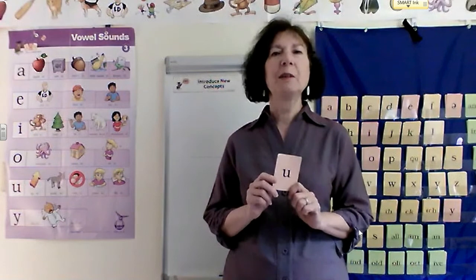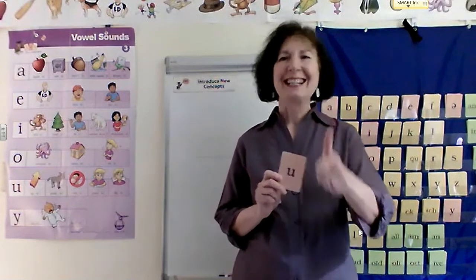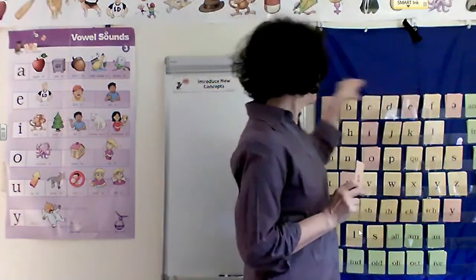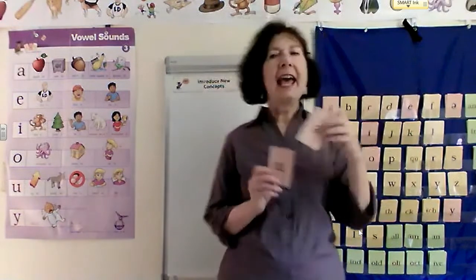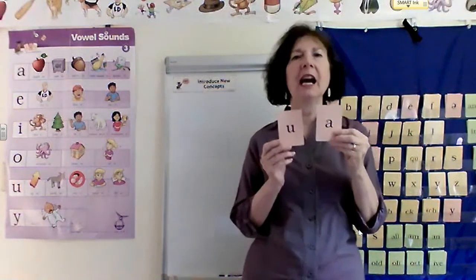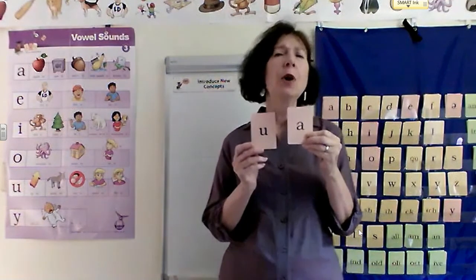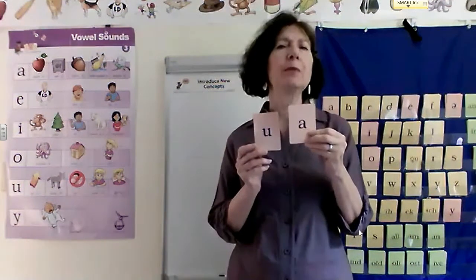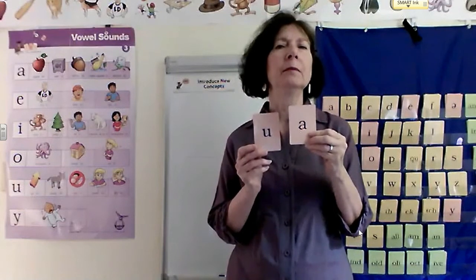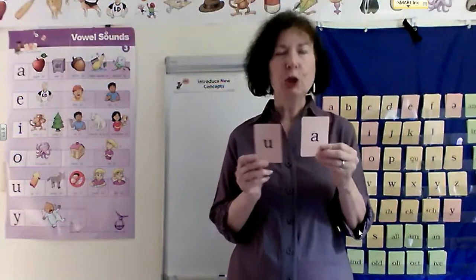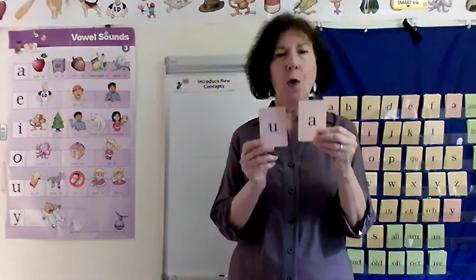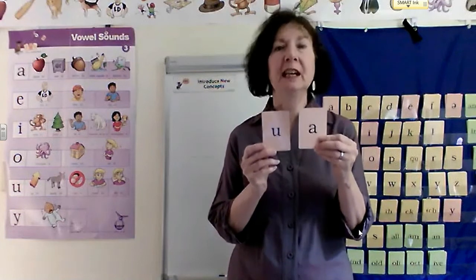Write it on your dry erase board. You got it. Remember, A can also say uh when it's in an open syllable exception. And remember, where does that open syllable exception usually come? You got it. Usually at the end of a word or at the very beginning of a word.